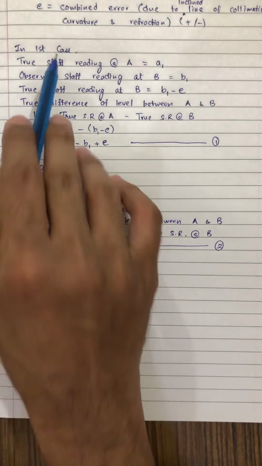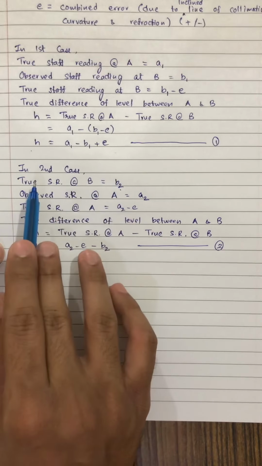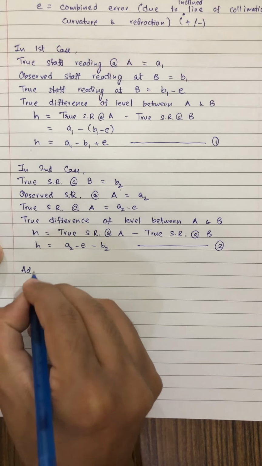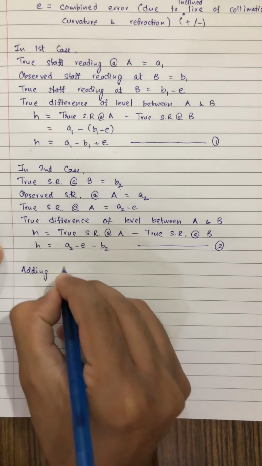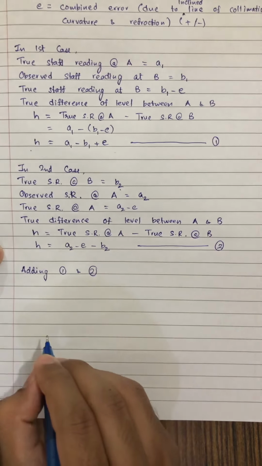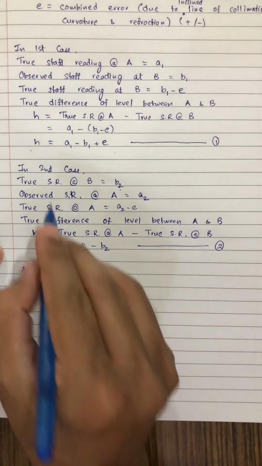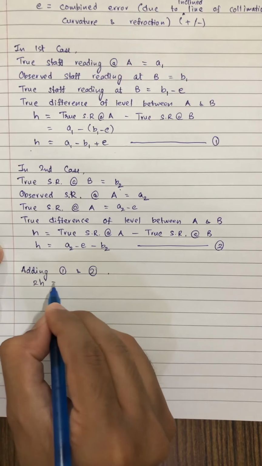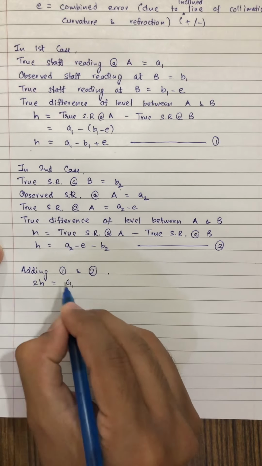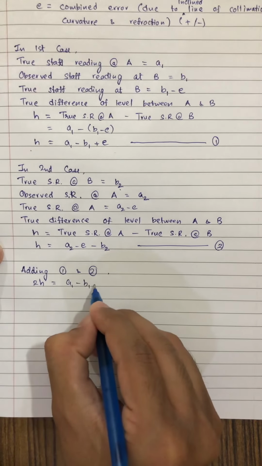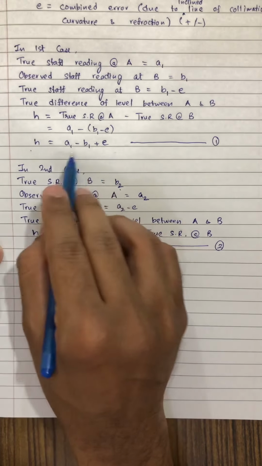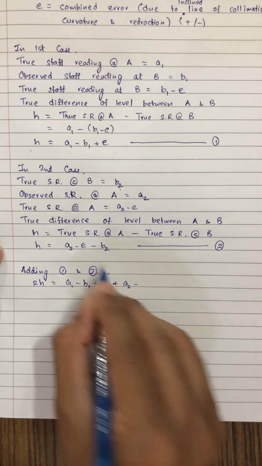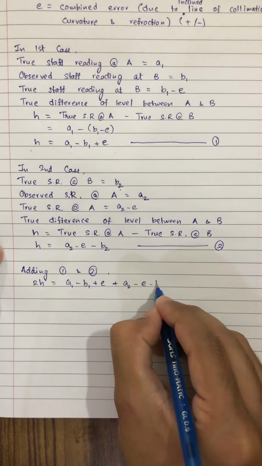So in the first case we got this equation and in the second case we got this equation. If we add both equations 1 and 2, what will we get? This will be H plus H, that is 2H, is equal to A1 minus B1 plus E plus A2 minus E minus B2.